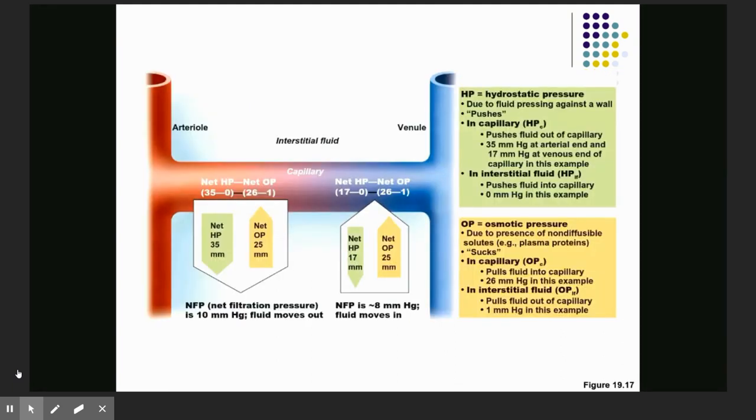So look, here is our capillary right here. There's our arteriole. This is the capillary, and there's the venule. And we're going to take that equation. Remember, the equation is net filtration pressure, and you should write this down if you haven't already. It equals pressures out. The only pressure we had out was blood hydrostatic pressure minus the pressures back in.